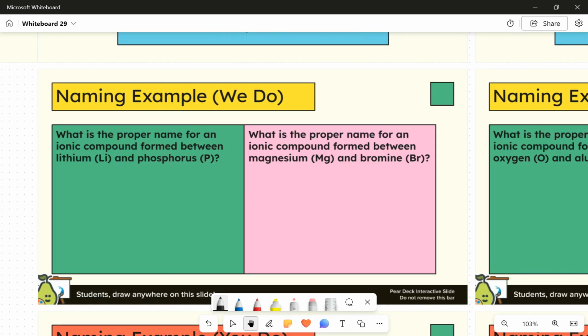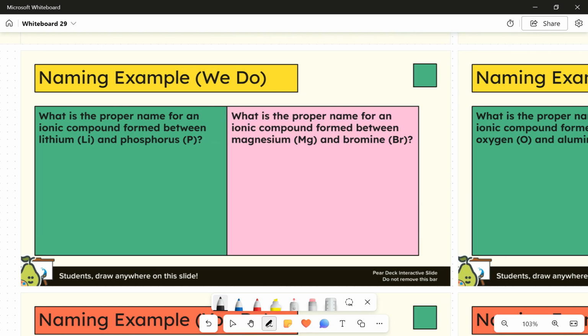So this is going to become lithium, and phosphorus is going to be phosphide. So again, phosphorus has multiple syllables. It has 3 syllables, but we still cut it off right after the first syllable. So phosphorus becomes phosphide.